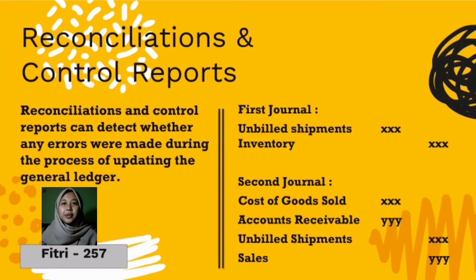Okay, next I will explain about the reconciliation and control reports. Reconciliation and control reports can detect whether any errors were made during the process of updating the general ledger. One form of reconciliation is the preparation of the trial balance. The trial balance is a report that lists the balances for all general ledger accounts. We have learned before about reconciliation and the trial balance.